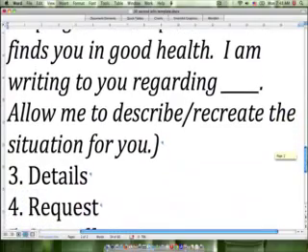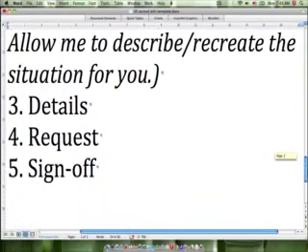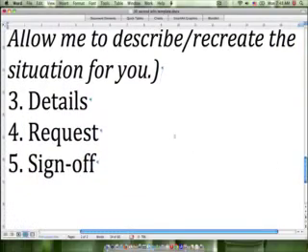So, now when we get to the third section, which is the second paragraph in our letter, here we're trying to recreate the details or to describe the details of our letter.